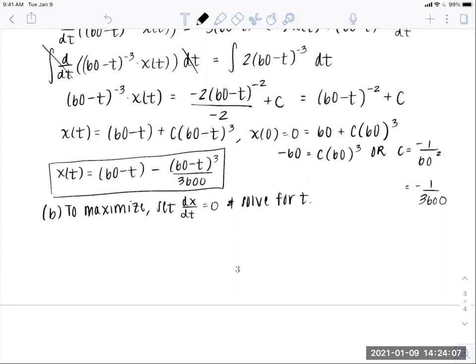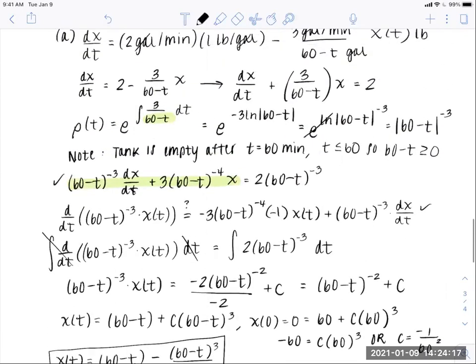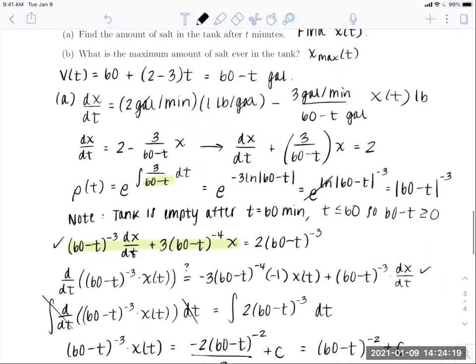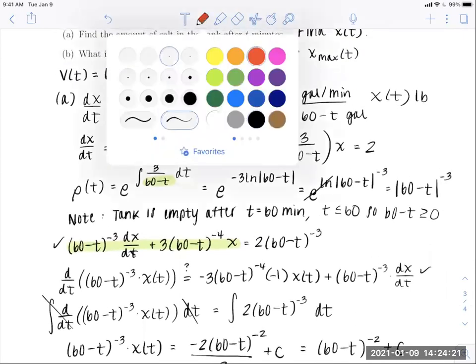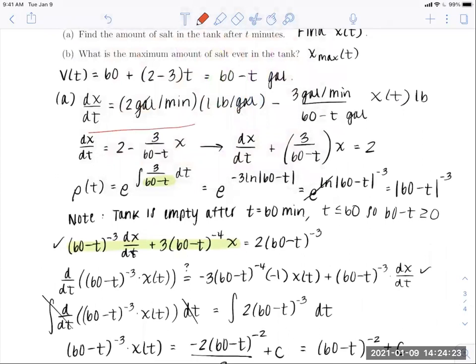And so what I'm going to do is go back up to the derivative that I started with. So let's look right here.